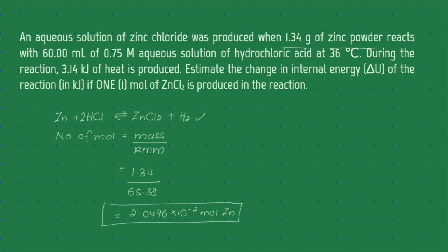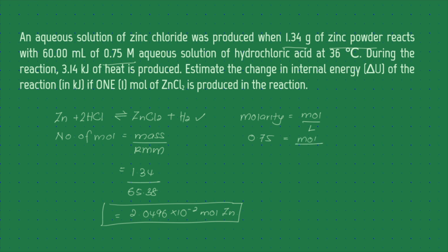Next up, we are going to find the molarity. So given here, the molarity is 0.75. So molarity is equivalent to mole over liter. Given to you, the molarity is equivalent to 0.75. Therefore, we can find the number of moles.